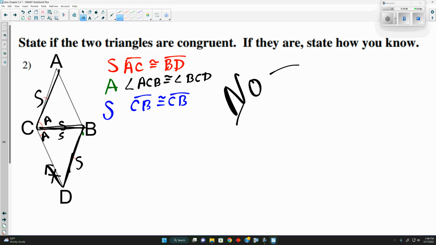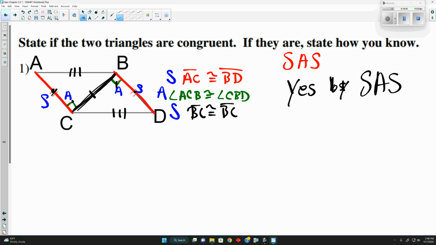Questions on this? So the one before was yes. Because if we look back at this here, guys, focus up here. Our first set of sides were right here. They were followed by the angle, and then our side: side, angle, side.